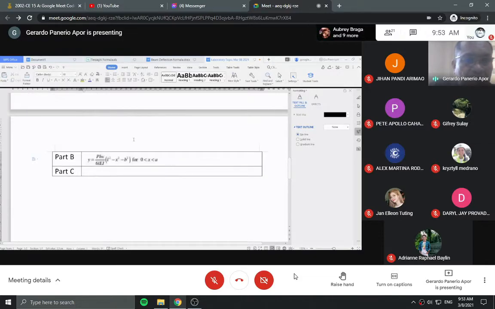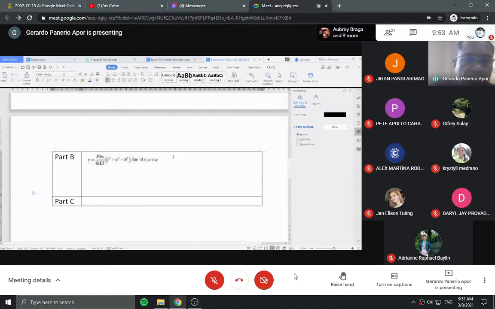You have to be creative also. The formula is not all given, but we know that dy over dx, the derivative of y with respect to x, is equal to theta. So I will delete this small letter d. This one will be theta. And all you have to do is just derive this.